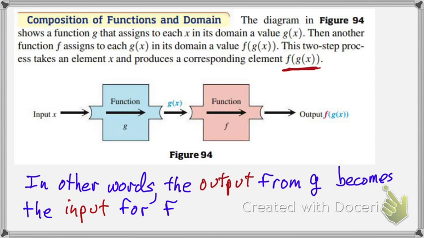I'm sending something into g. G, being a function, is going to send me one thing back, right? I'm going to take that one thing that it sends out. So think of that g of x right there as a y. I'm going to take g's y and send it into f as f's input.